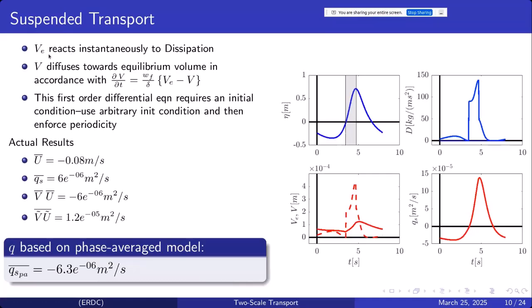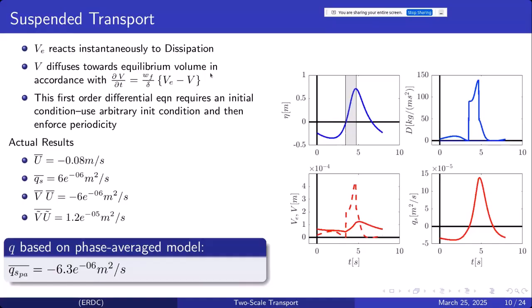So again, the VE, which is the equilibrium, reacts instantaneously to dissipation, and then the actual volume of suspended sediment diffuses towards that equilibrium in accordance with our evolution equation.